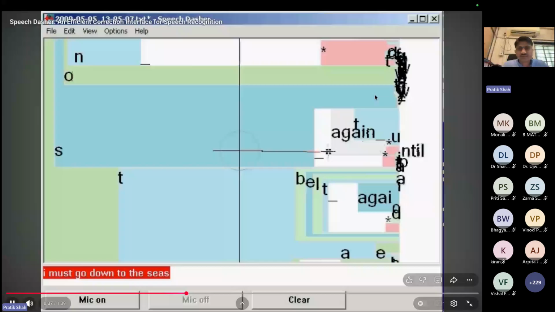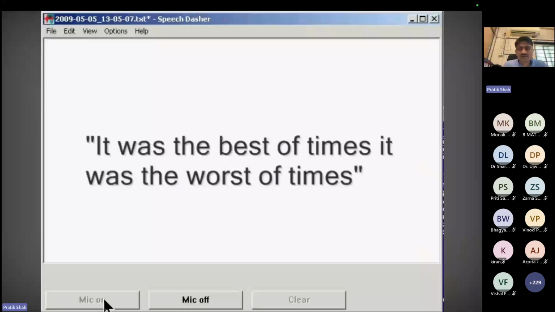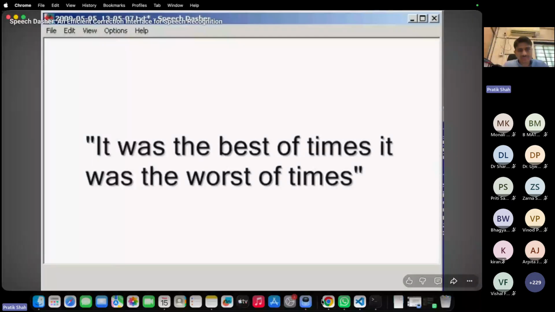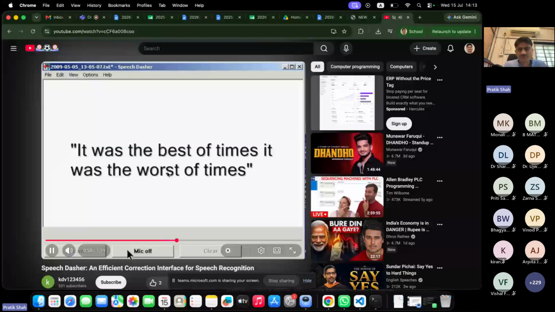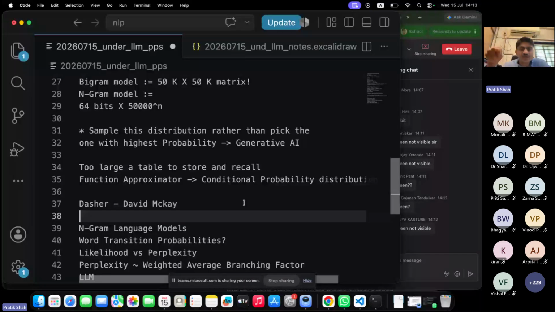And this interface was designed for people who could not actually. Okay, so I think this is sufficient for you to have some idea about Dasher. What it does is it allows the user to use minimal muscle effort to write the English language. It's a good example of how such interfaces would work, correct?